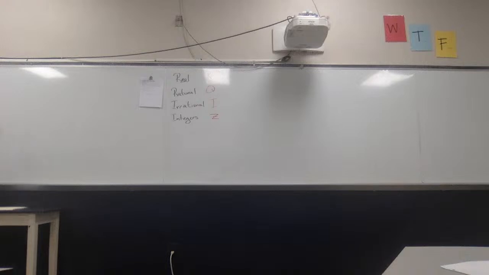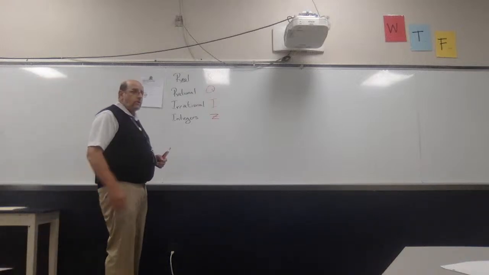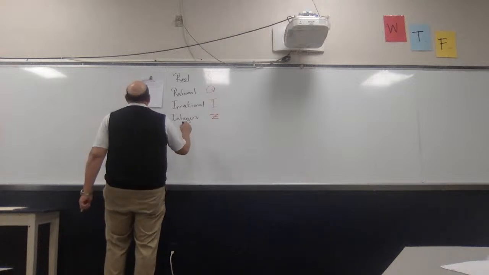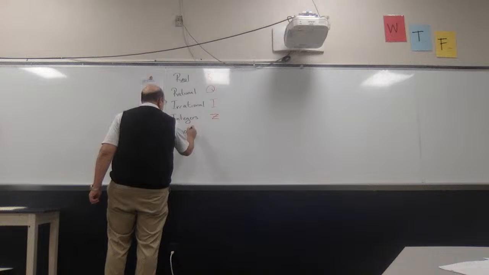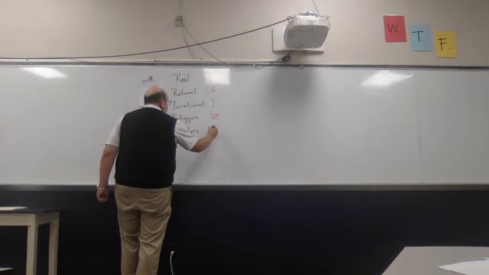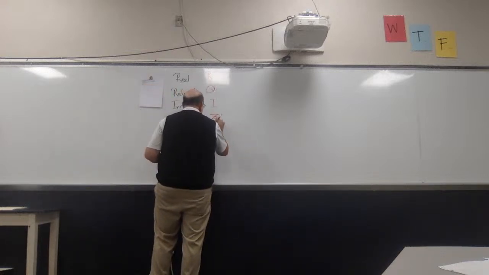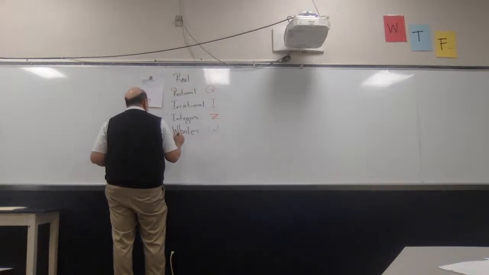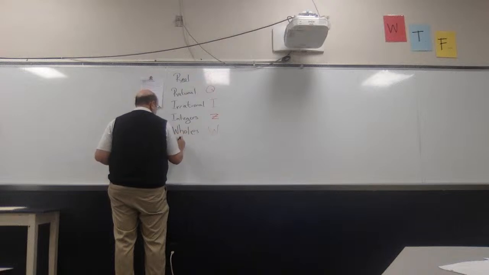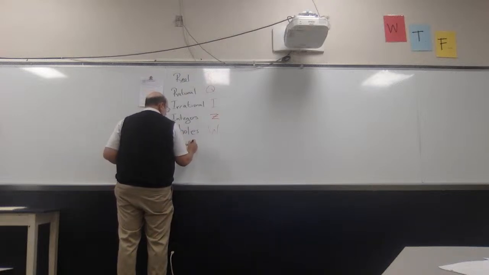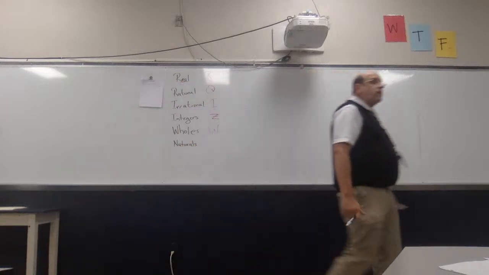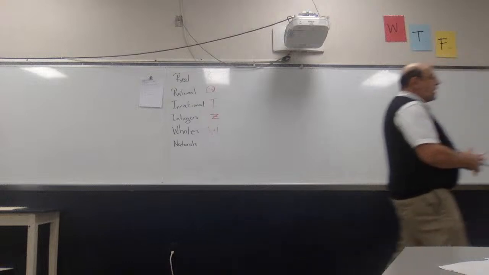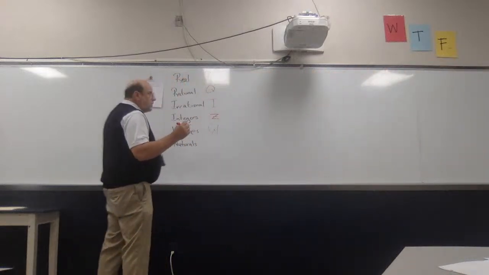After integers, we've got wholes. Whole numbers are counting numbers starting with 0. And then we have naturals. Natural numbers are counting numbers starting with 1.